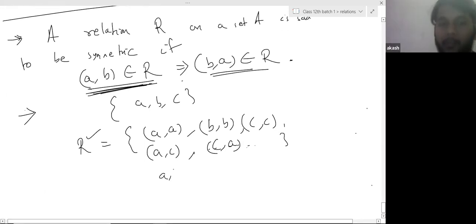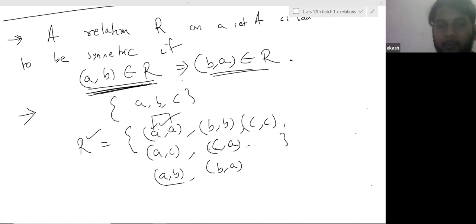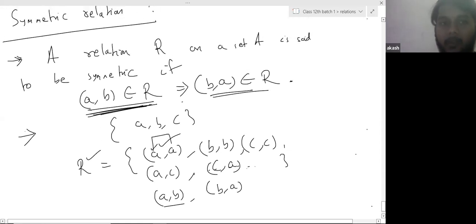If you have a comma b, then you must have b comma a as well. If you don't have a comma b, then no issue. If you have a comma a, then you must have a comma a also. Is it clear? Yes, sir. All right, then write it down. This is called symmetric relation. Mirror image.